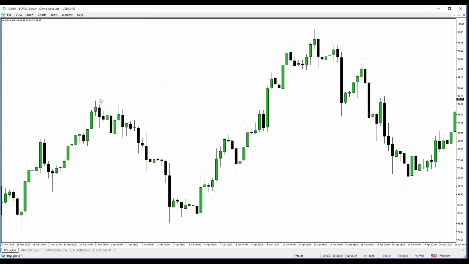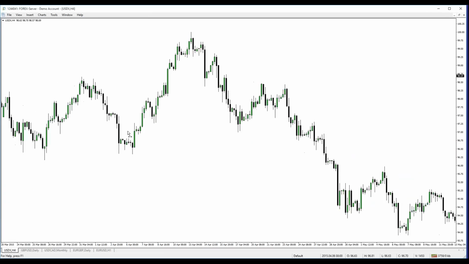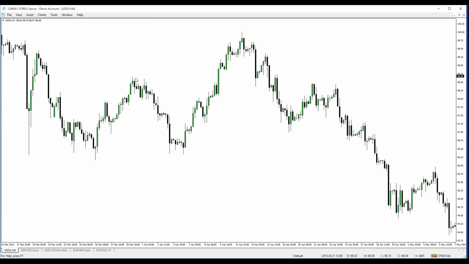We have an old high back here. Let's go out a little bit one more time. We have an old high here. And I want you to think about as price was trading in here, price made this high and sold off and then resumed going higher.